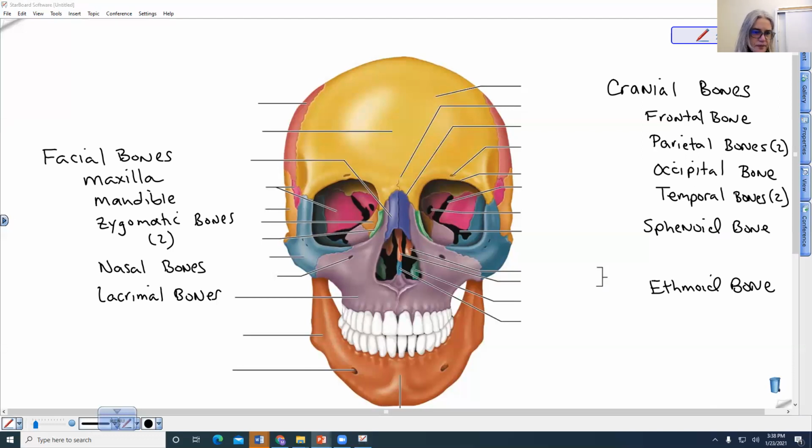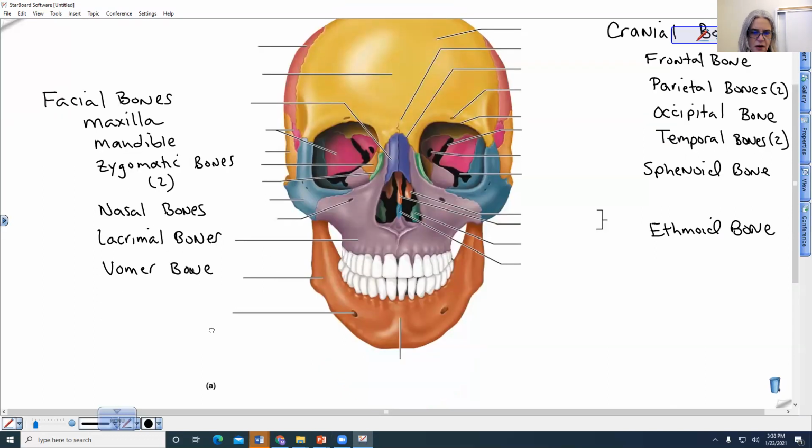Okay. We have another bone that comes up from the bottom of the nose. This is a very short, small bone, and this is called the vomer bone. And there is only one of those vomer bones. Okay, so those are the facial bones that you need to know.